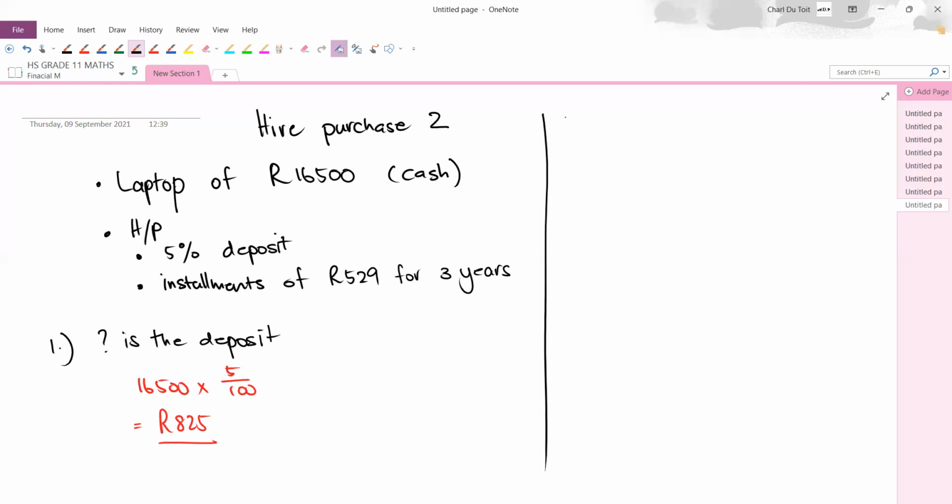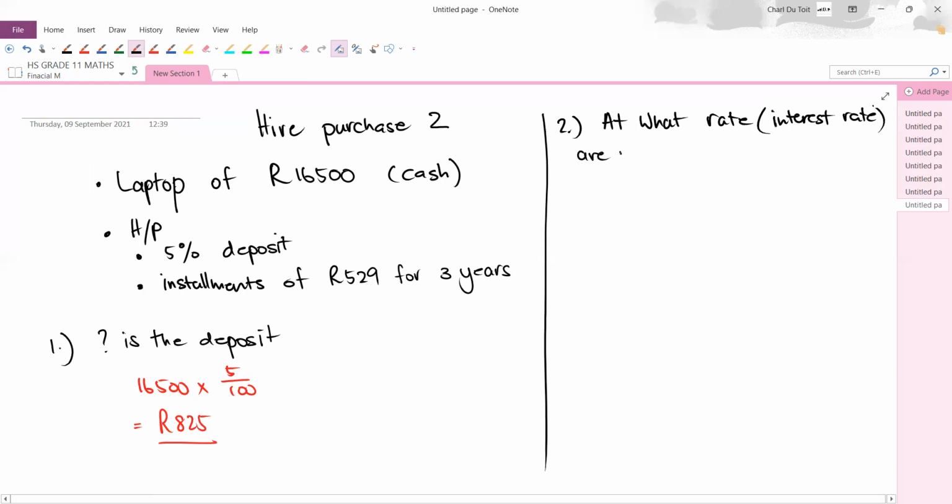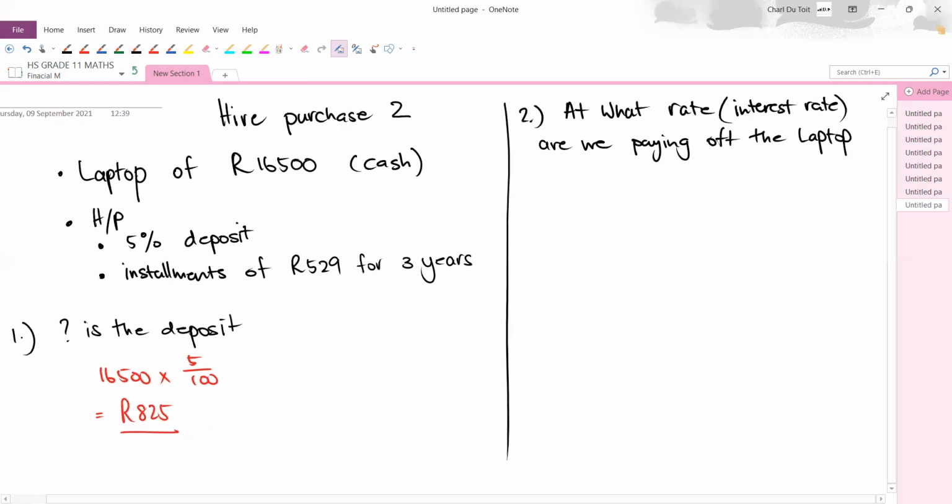And now I want to know, number two, at what rate? That means interest rate. Are we paying this for the laptop? So what rate? Again, we use a simple interest formula: A equals P(1 plus R over 100 times N).